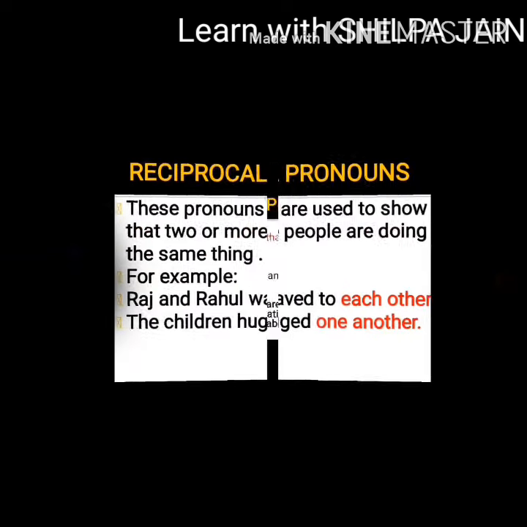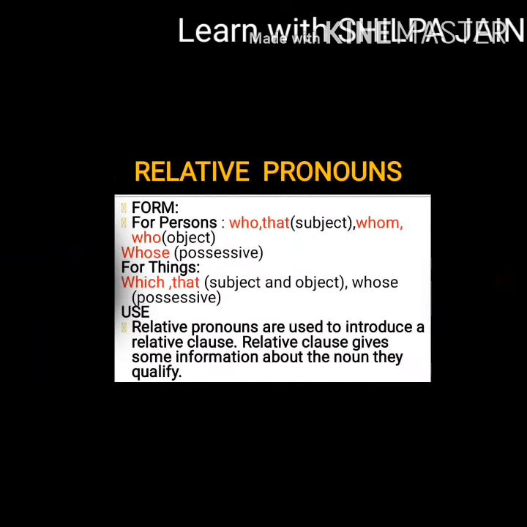Next is relative pronouns. Relative pronouns refer to a noun or a pronoun mentioned previously, and they also help to join sentences. Now its forms are like, for persons, if it is subject we use who or that, and if it is object then we use whom or who, and for possessive we use whose.